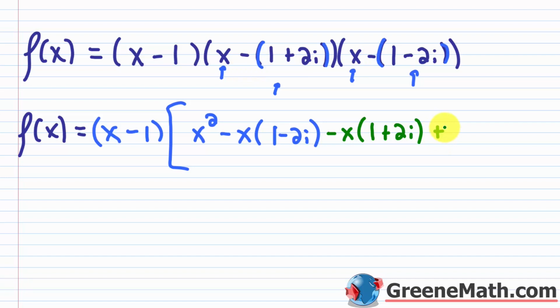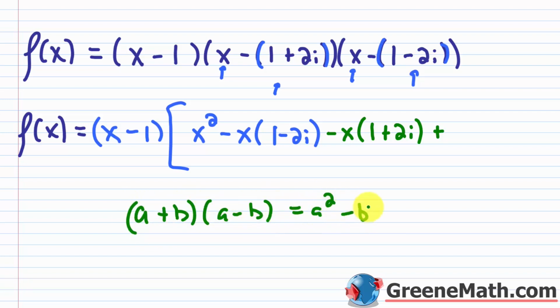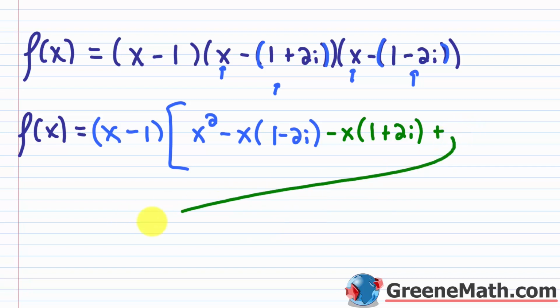And then what I want to do is say that I have what? 1 plus 2i times 1 minus 2i. Well, I know my formula for that. Remember, if you have a plus b times a minus b, this is a squared minus b squared, okay? So in this particular case, I'm just going to write this down here because I'm going to run out of room. The first one squared, so 1 squared, which is 1, minus the second one squared.